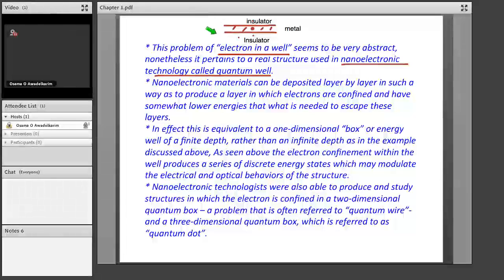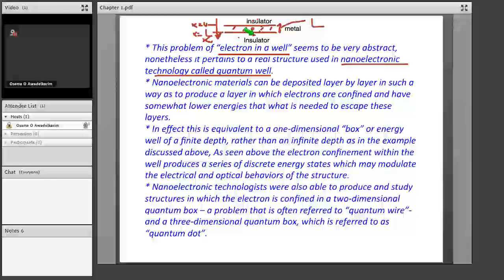And if we have this as our x-axis, then we can say this is our x equals 0. And we can say this is our x equals L, this point here. And this metal has a thickness equal to L. So this metal is like a quantum well, because this electron cannot move outside this metal, because this is an insulator and this is an insulator.